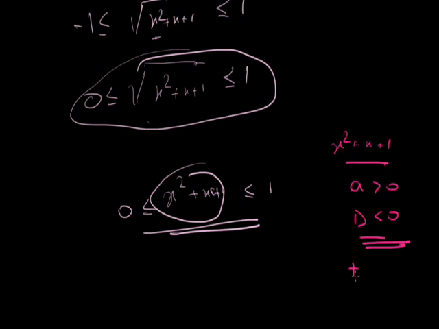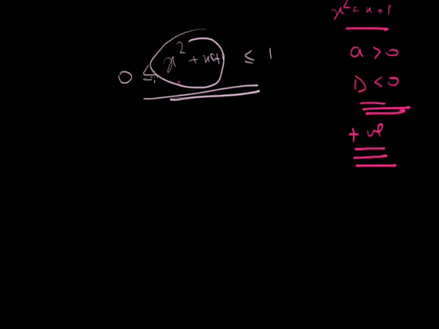Therefore this function is always positive. That means this condition, x square plus x plus 1 greater than or equal to 0, is satisfied for all values of x.